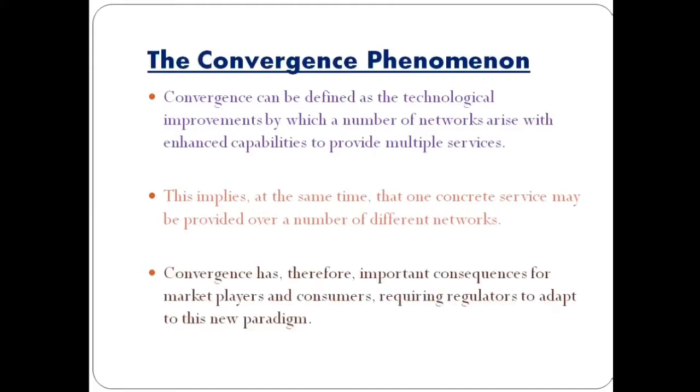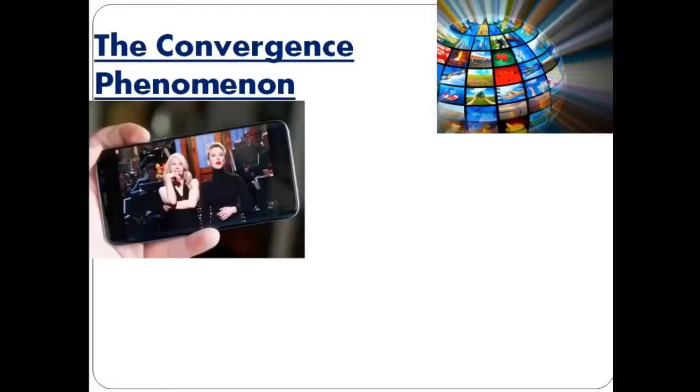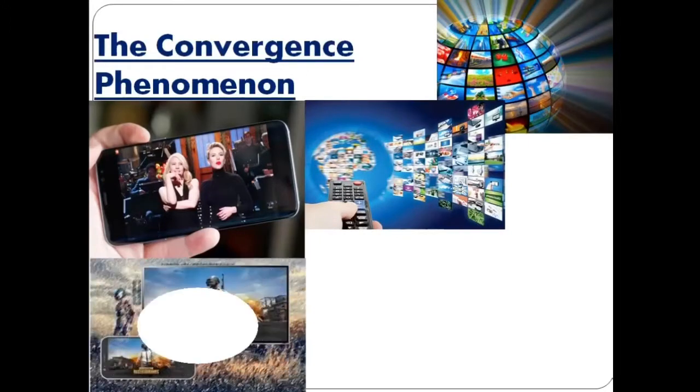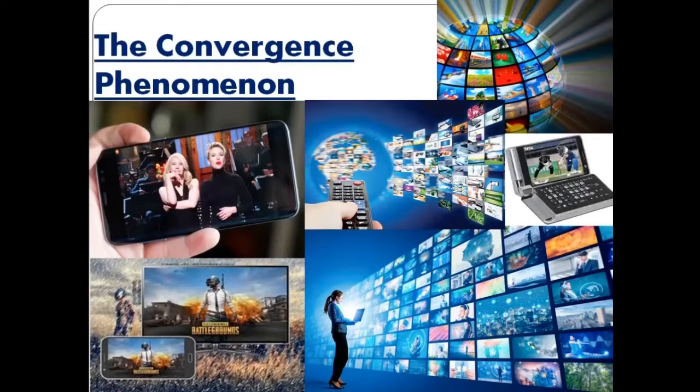Therefore, there are important consequences for market players and consumers, requiring regulators to adapt to this new paradigm. You can look at the pictures: with just one click, everything is available in your hand. You can watch serials, you can play.